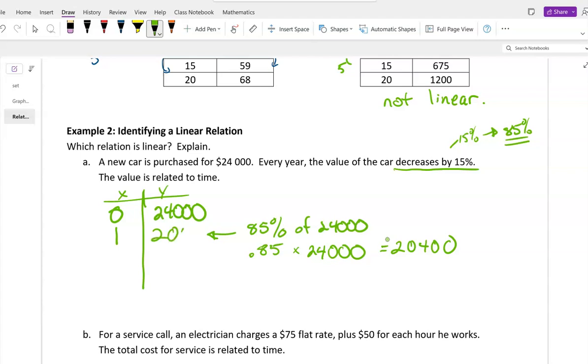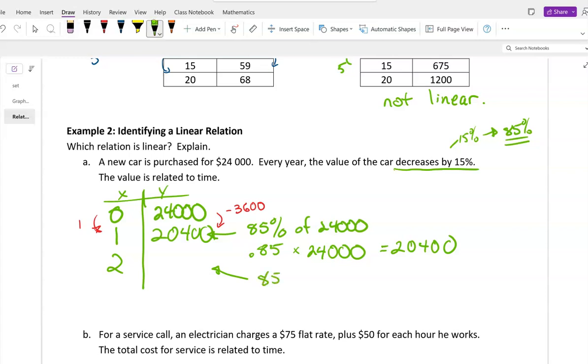So after 1 year, the car is worth 20,400. Let's just check what the rate of change would be. In 1 year, the car has gone down $3,600. Now, if this was linear, the next year would go down by 3,600 again, except it doesn't.